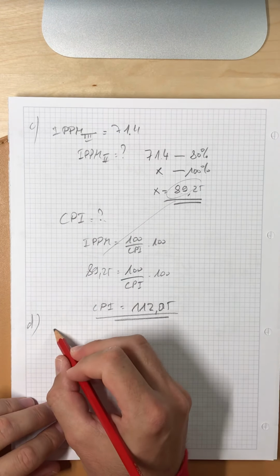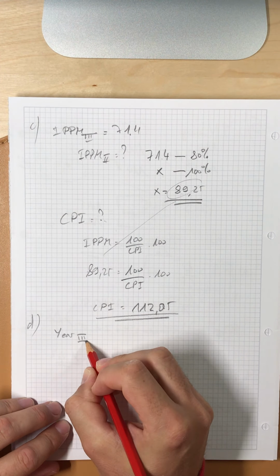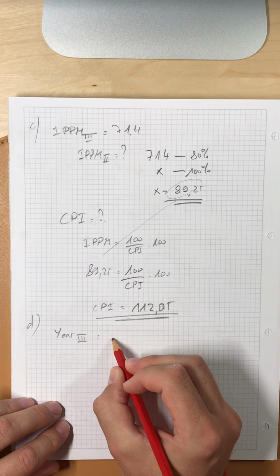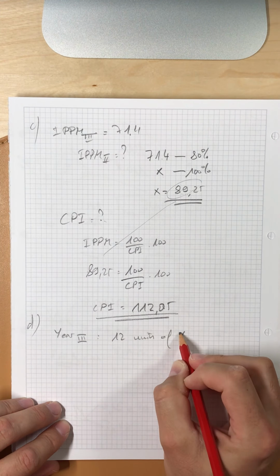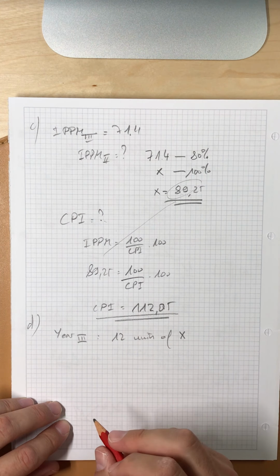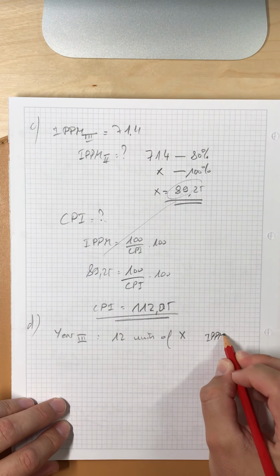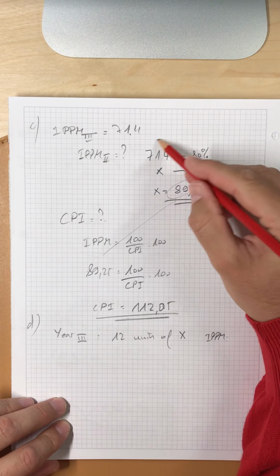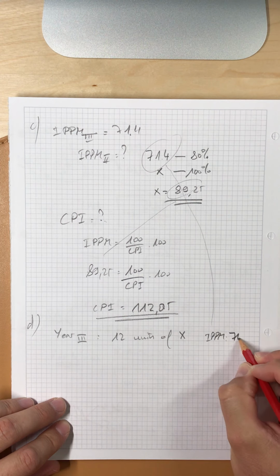So you will start with the information. In year 3, you can buy 12 units of this good X, and for this period the IPPM was 71.4.